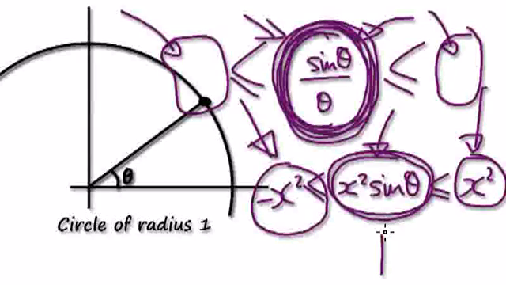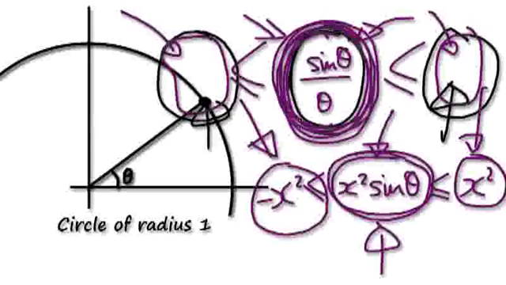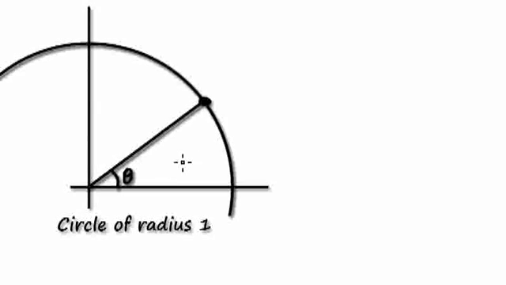Our aim is to somehow track sine theta over theta between two things, and then later take the limit of these two and force this into one point.